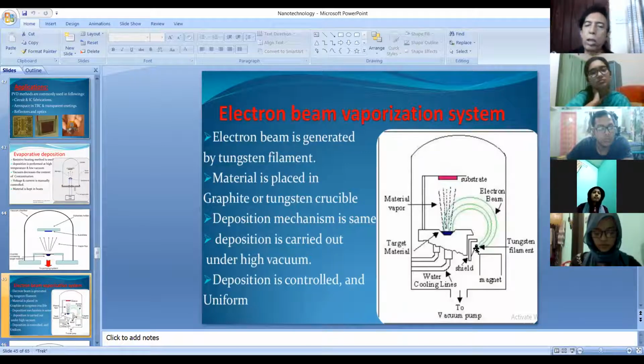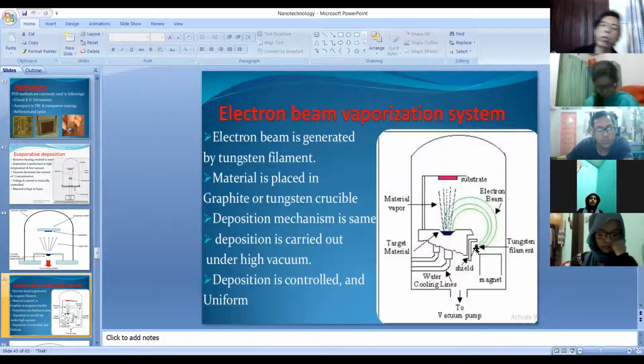An electron gun produces electrons and shoots them out just like a bullet.